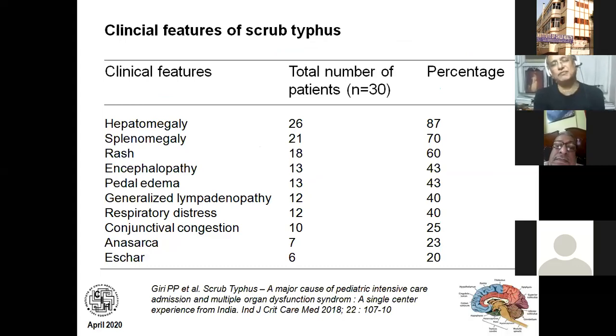You have to have this in mind and be aware. Nowadays IgM antibodies can be done, so diagnosis of scrub typhus has become easy. And if your suspicion of scrub typhus is very high, even if you don't have the facilities to diagnose, you are well justified to give doxycycline on the basis of suspicion.